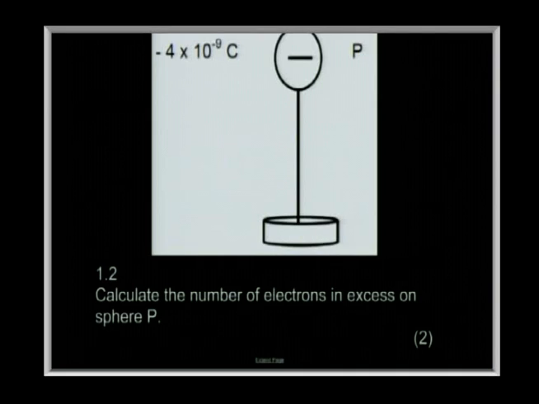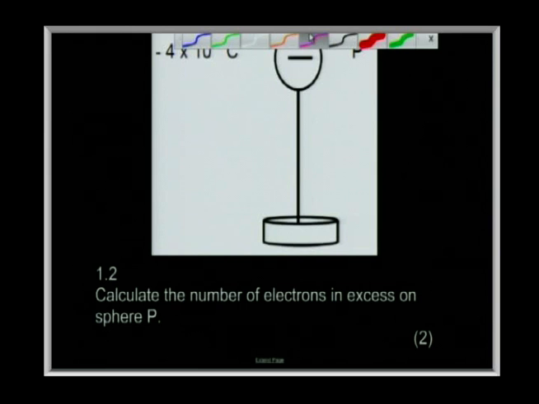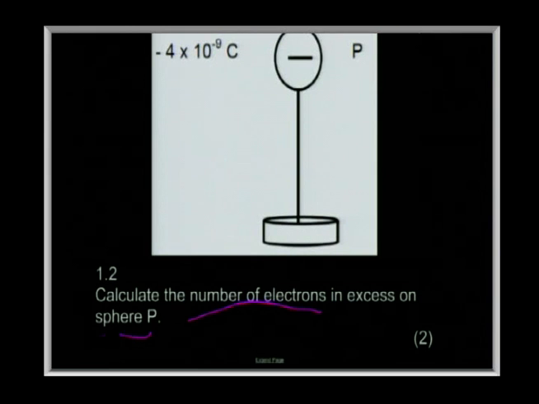And it now says to us over here, please calculate the number of electrons in excess on the sphere P. Well, what does excess mean? It's a strange word. It's not a familiar word that we use every day, but it means additional. In excess, often used in chemistry, but here it means over and above those that are already present.